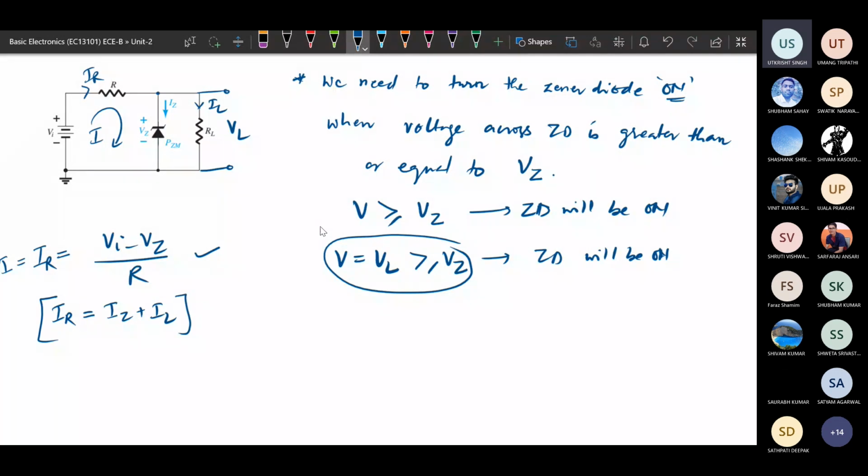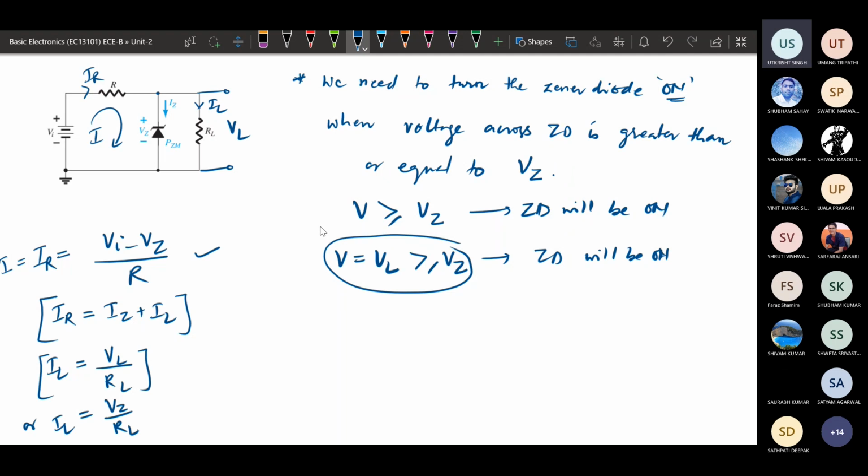Also, IL will be nothing but the voltage across this load, VL, divided by RL, and this VL is nothing but VZ. So we get VZ divided by RL equals IL.